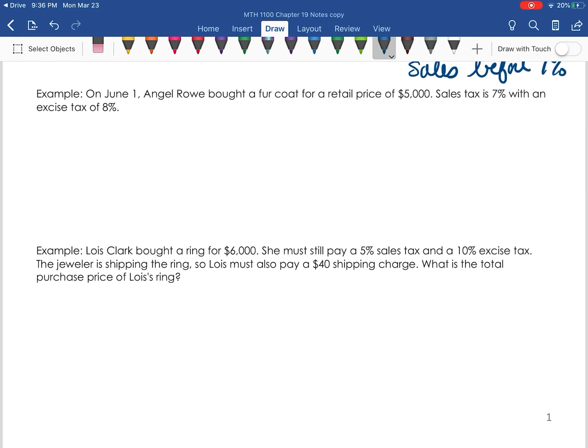Okay, now we're going to talk about excise tax. An excise tax is an additional tax that a lot of times is given on things that are considered not a necessity or a luxurious item, like maybe cigarettes or a fancy car. So sometimes you'll get a regular sales tax and then you'll additionally get an excise tax on something else.